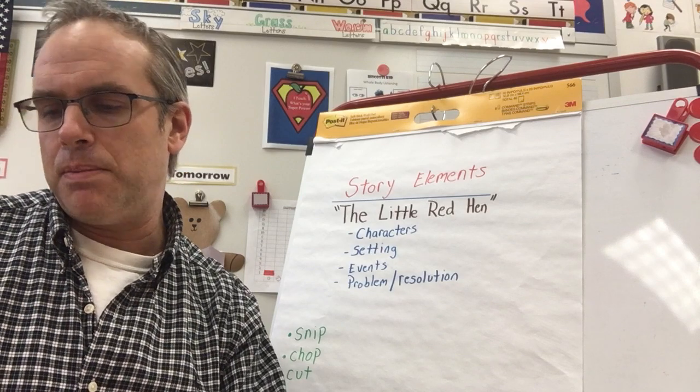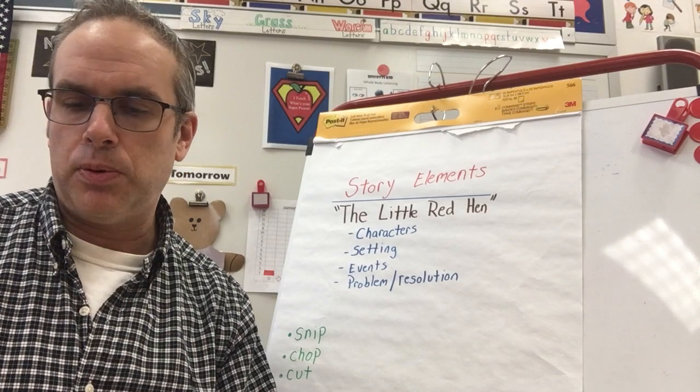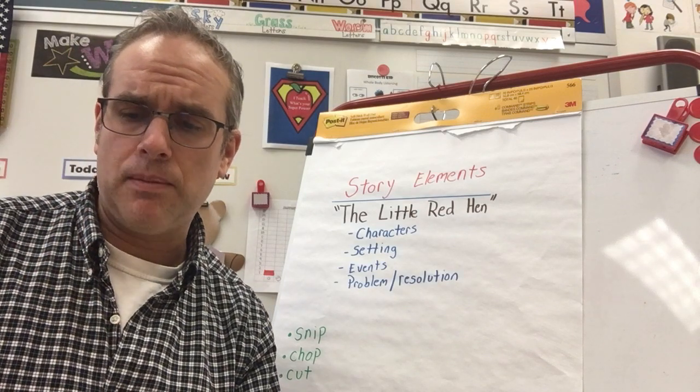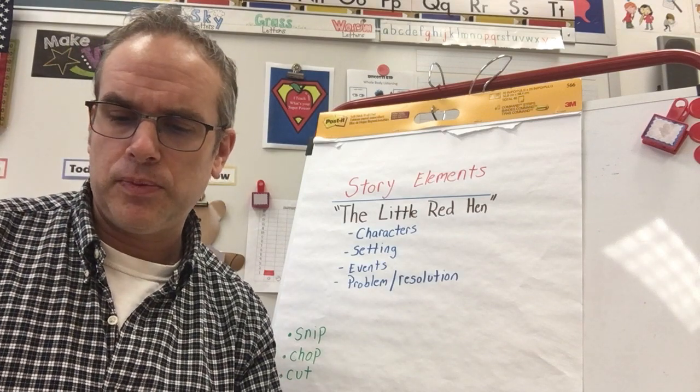Some of the events that happen: she asks them to help, and they all say no. And she singles one character out each time, thinking that that character will help.